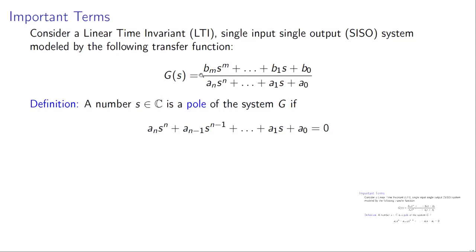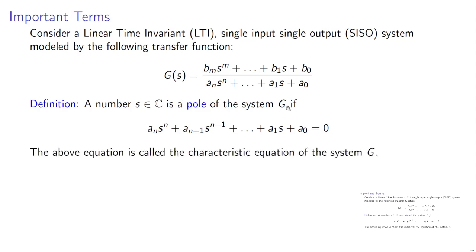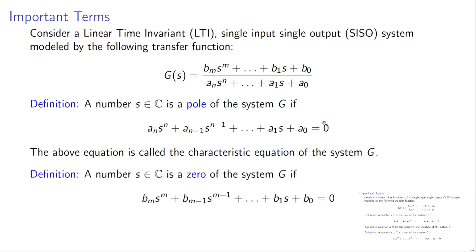Okay, so all the roots of the denominator will be called the poles of the system. And this equation has a particular name. It's also known as the characteristic equation of the system G. So the denominator of the transfer function is the characteristic equation that you can use to find the poles of the system.